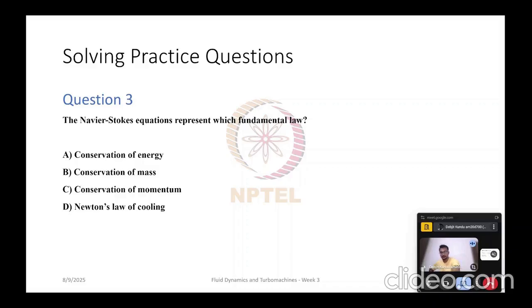Let's take a look at the solution. It's actually conservation of momentum.